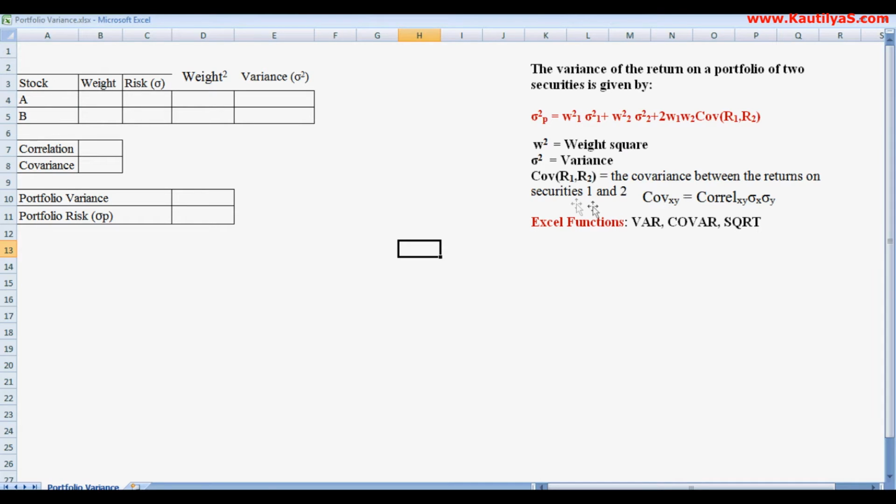Because for many stocks variance is not available, but the standard deviation is publicly available. You look at any newspapers or business magazines or stock exchanges, the stock's standard deviation, that is total risk, is easily available. So based on the total risk and correlations, we calculate the portfolio risk.